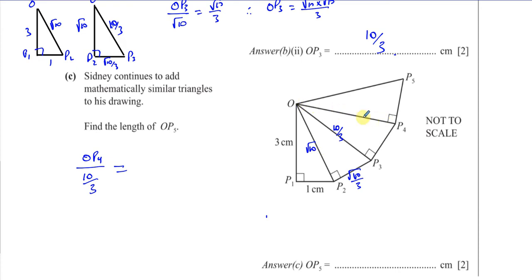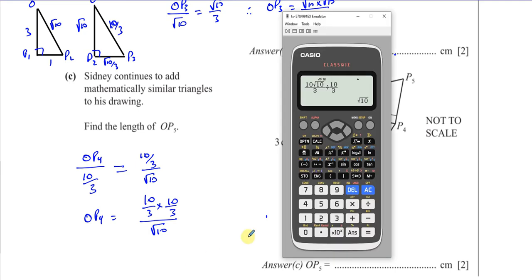So this side from that triangle corresponds to this side from this triangle. Let's call these triangles 1, 2, and 3. So this side from triangle 3 corresponds to this side from triangle 2, and this side from triangle 3 corresponds to this side in triangle 2. So this is equal to 10 over 3 divided by root 10. So we can say OP4 is going to be equal to 10 over 3 times 10 over 3 divided by root 10.